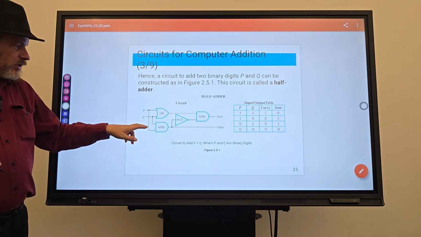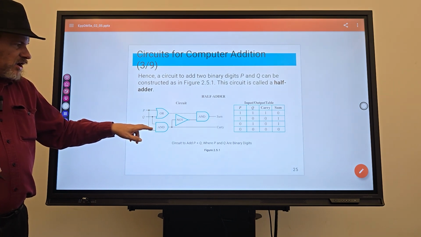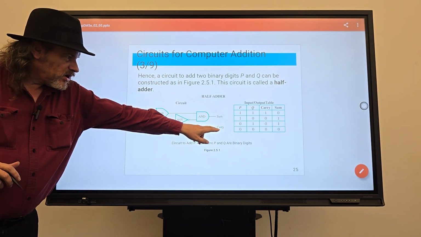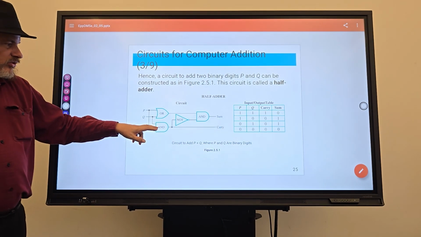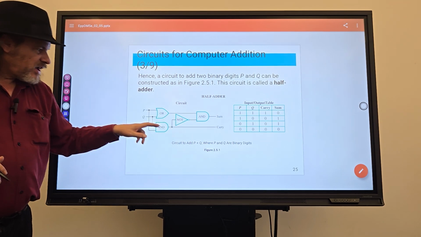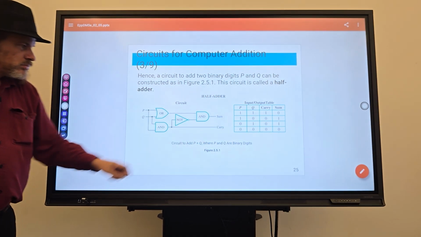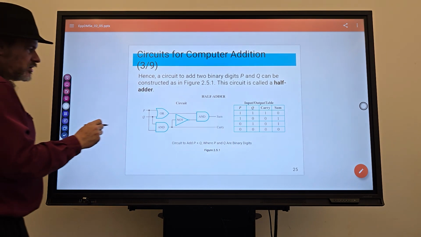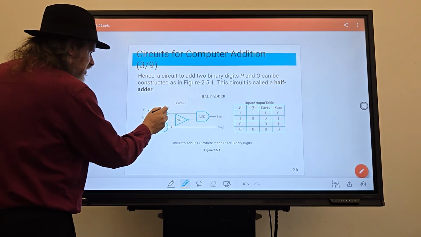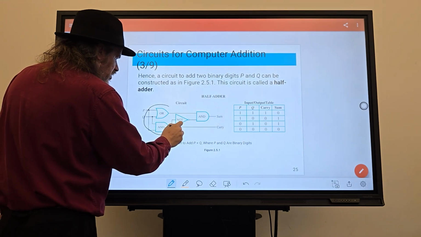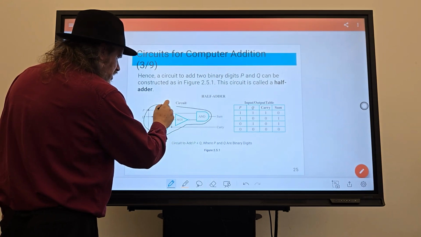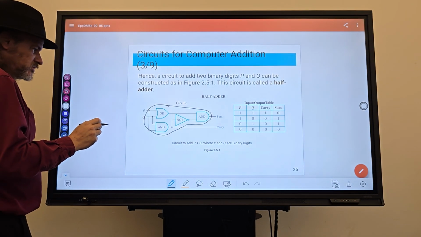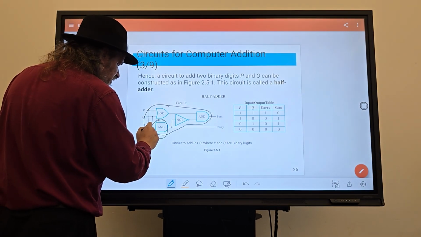If P and Q are both high, then the carry is high as well, a 1. So that corresponds to an AND gate. So there is the AND gate going to the carry. So this is an exclusive OR, and this is an AND.